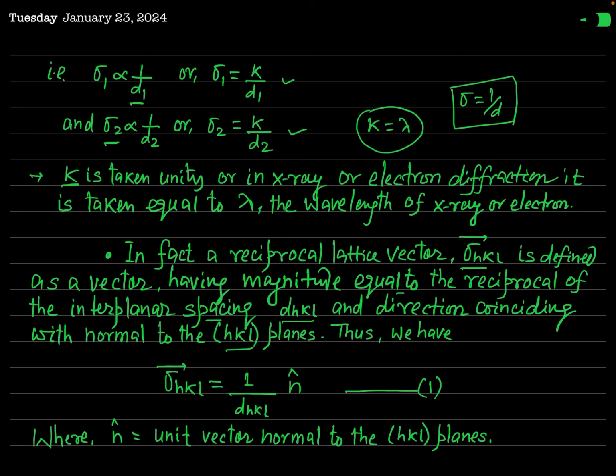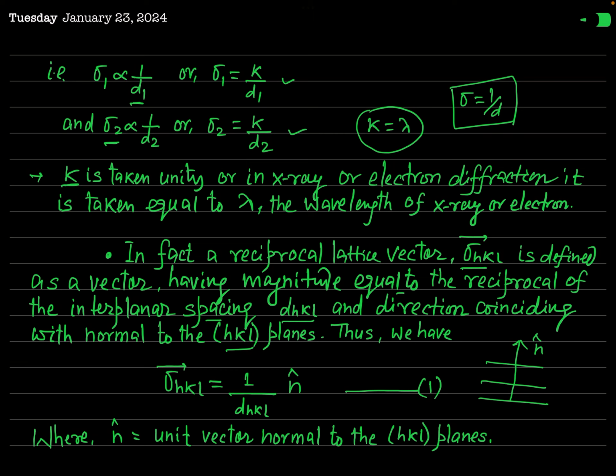So if we consider that there is a unit vector n hat in the direction of the normal drawn on the set of parallel planes. Let us say these are the set of parallel planes, and we have drawn a normal in this direction, and then this n hat is the unit vector along this normal.